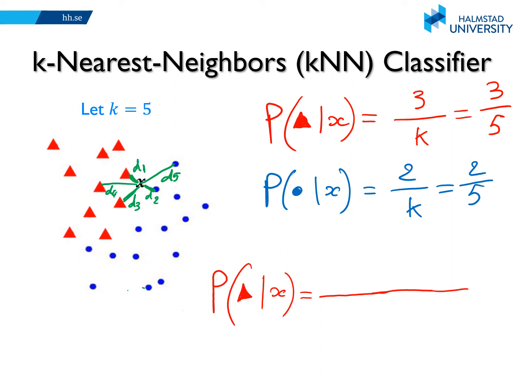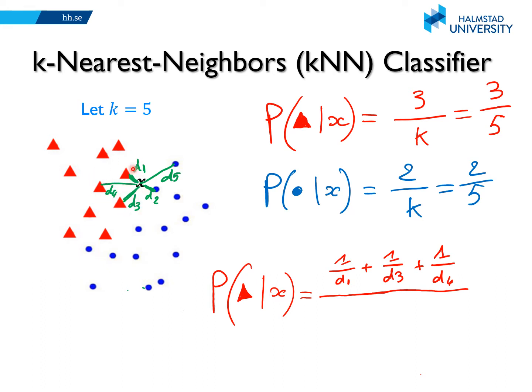So this is a similarity. So we can use 1 over d1. That's the similarity between x and this first nearest neighbor, plus 1 over d3 plus 1 over d4. Because d1 is this, d3 is this, and d4 is this.